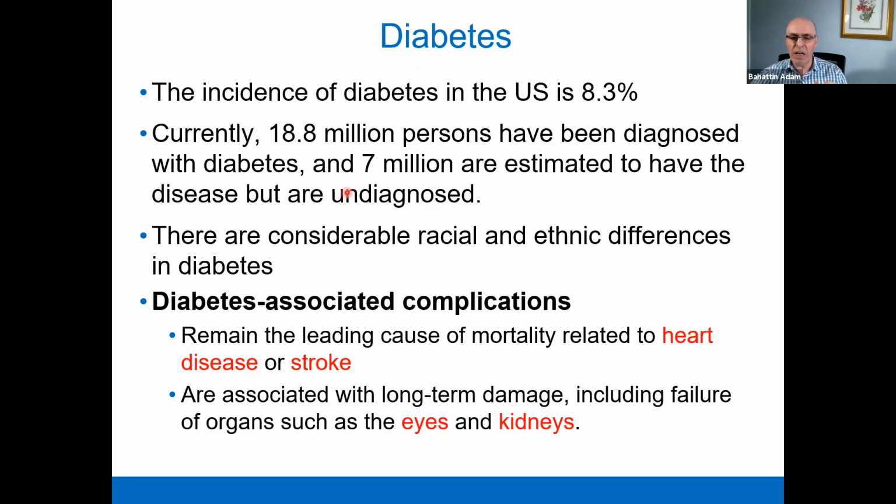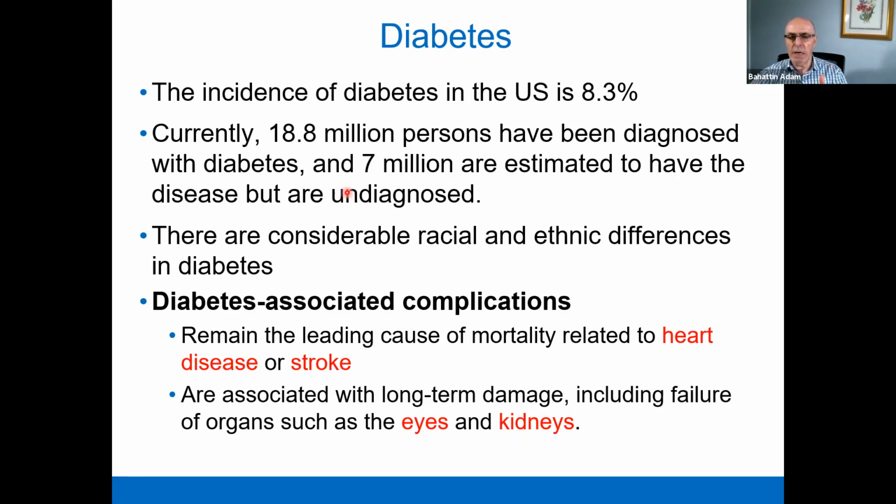These slides show us the medical importance of diabetes. We know that currently about 80.8 million persons have been diagnosed with diabetes, and unfortunately 7 million are estimated to have the disease but are undiagnosed.